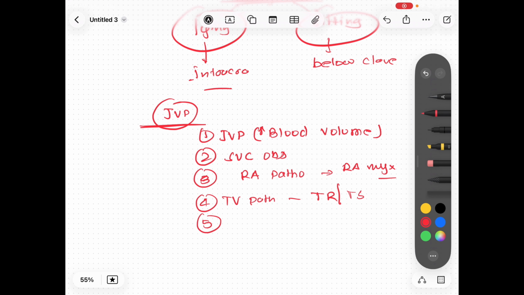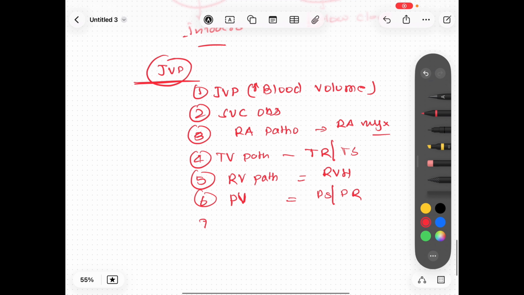Fifth one is any RV pathology, like right ventricular hypertrophy. Sixth one is any pulmonary valve pathology, for example, pulmonary stenosis or pulmonary regurgitation. Seventh one is any pulmonary artery pathology, for example, pulmonary artery hypertension or pulmonary embolism. These are the causes of elevation.